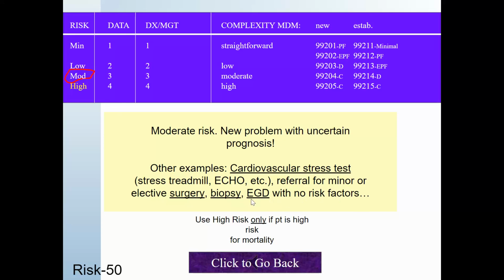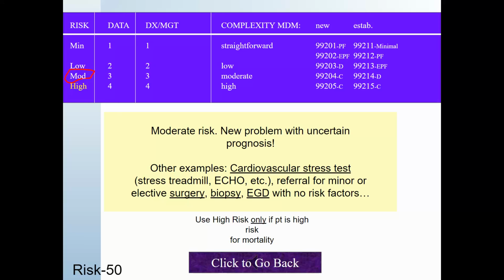Again, you're not sure what the prognosis is. Again, sometimes these examples create a little bit more confusion because people always have sub-questions about this. But to keep it real simple, it's easy to remember any new problems that come to you with uncertain prognosis are automatically moderate level risk.